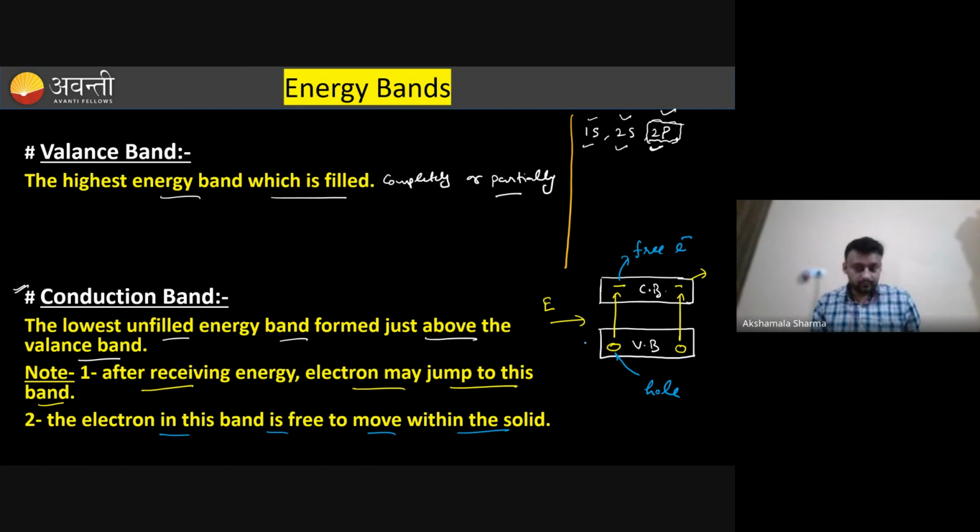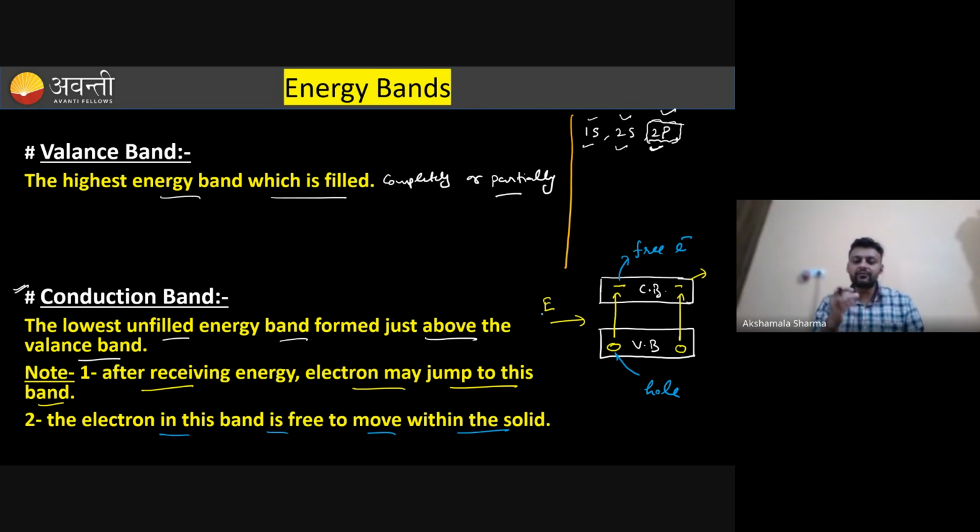Clear? Now, the punchline is, if you give the atom some energy, then after receiving the energy, the electrons in the valence band may jump to the conduction band. Very simple statement. In the conduction band, it behaves as a free electron. Keep it in mind.